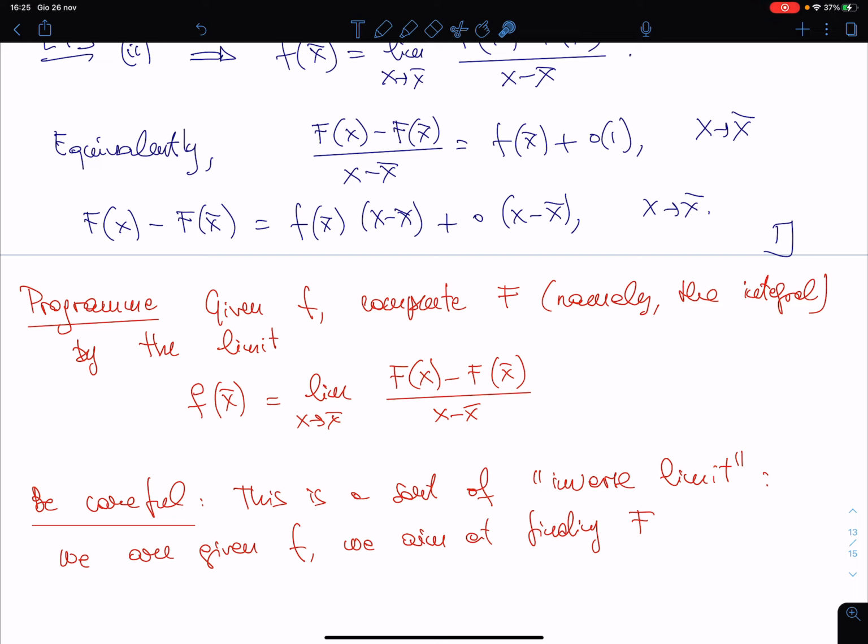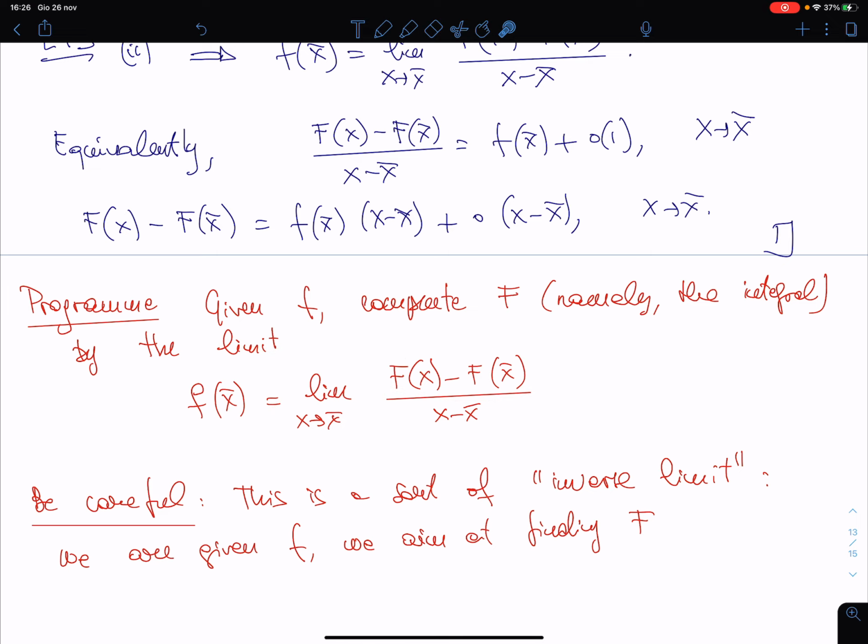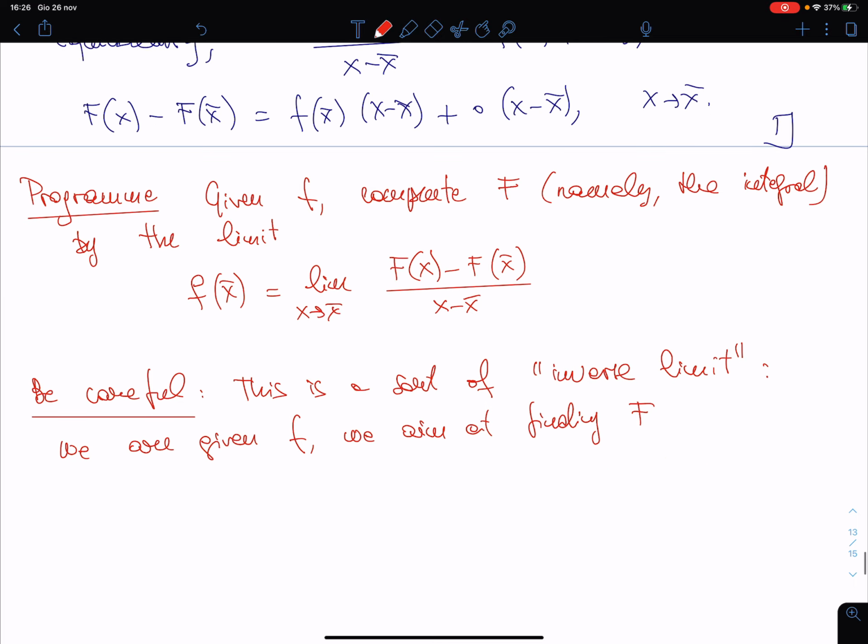However, now the problem is the following. Study this problem here, which is not, again, computing a limit, but finding capital F such that this limit holds. And this is the problem that can be solved by studying this structure, and this structure leads to differential calculus and the notion of derivative.